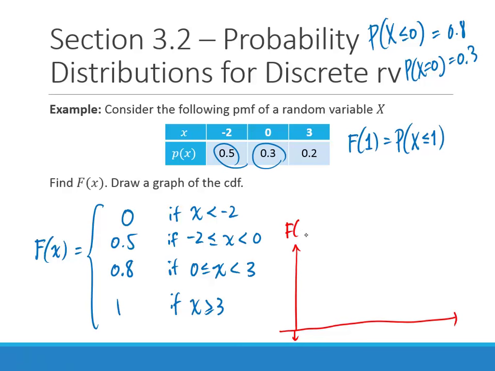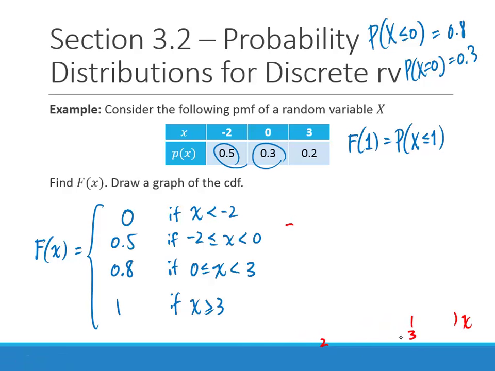If this is my CDF and these are possible values of x, we have negative 2, 0, and 3. Let's start there. I'm going to make this a little bigger.